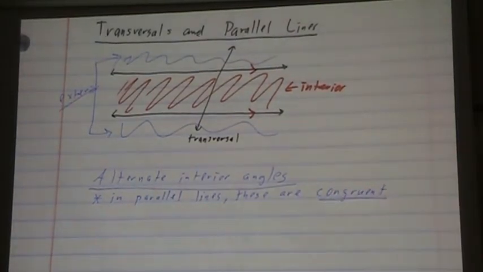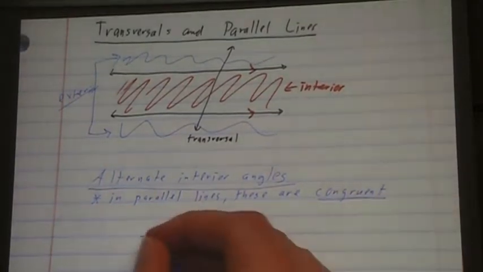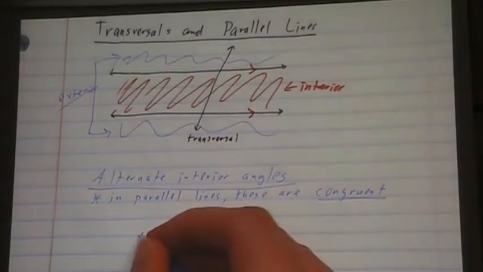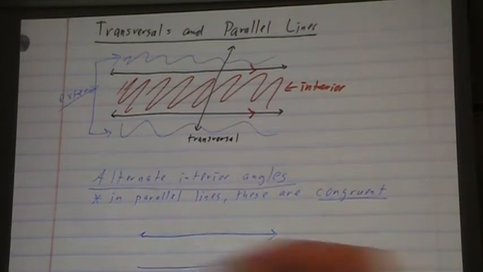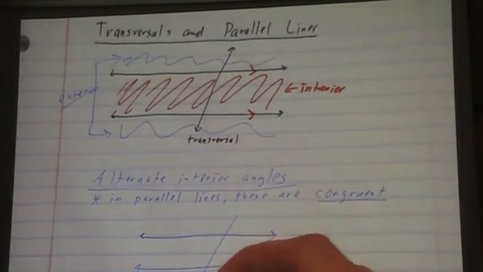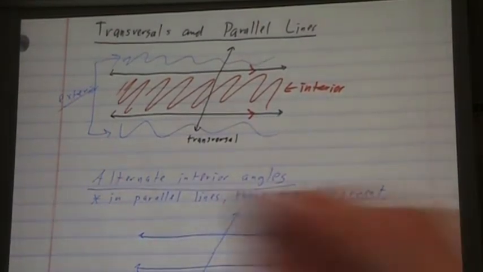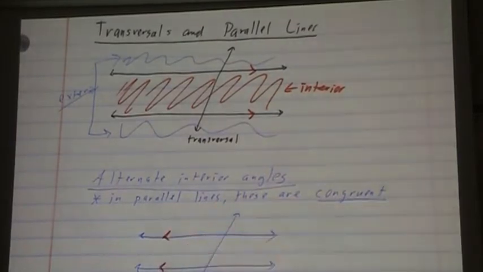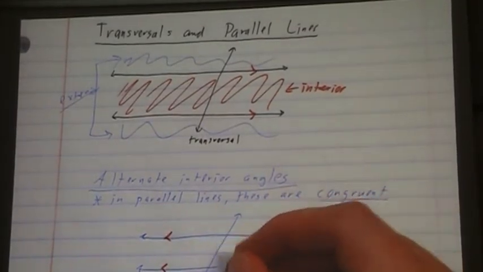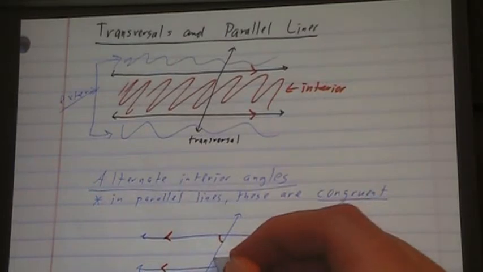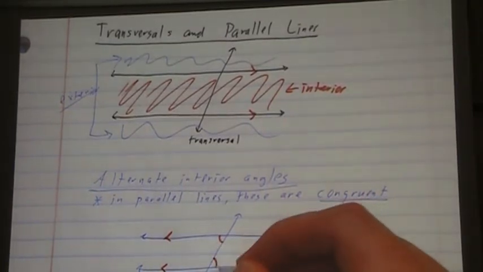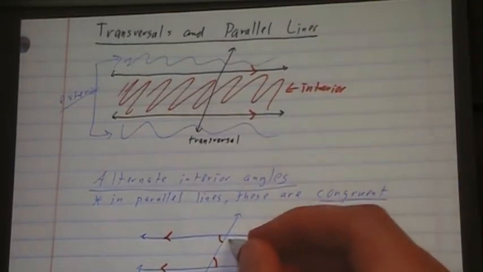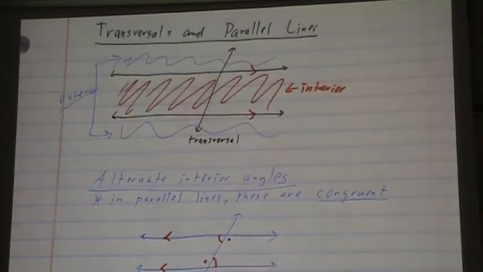Remember, congruent, fancy word for equal. I got my parallel lines up in here. And alternate interiors. So those angles there would be alternate interior, and they are congruent. And my dotted angles would also be alternate interior.